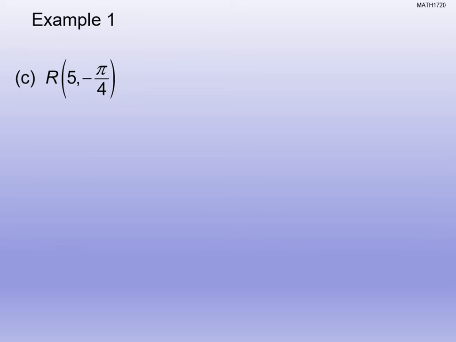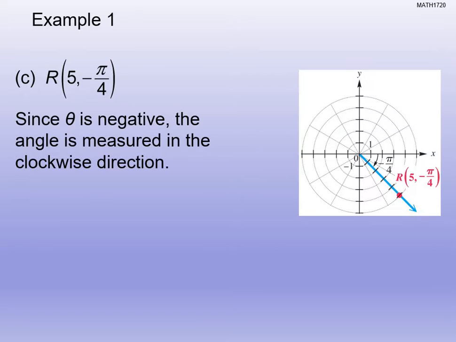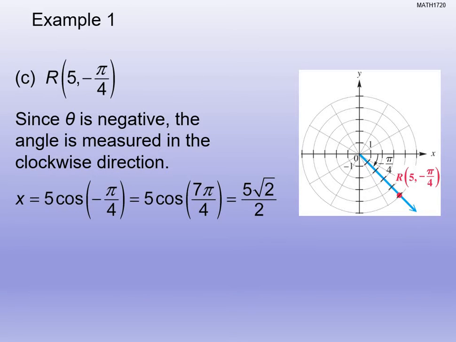What does the negative angle mean, and what's the positive magnitude going to do when we draw out the sketch of the graph? Okay, so the theta is negative, the angle is going to be in the clockwise direction, so we're going to fall from the x-axis, from 0, to -pi over 4. And then the magnitude is 5, so we put it on the 5th ring.